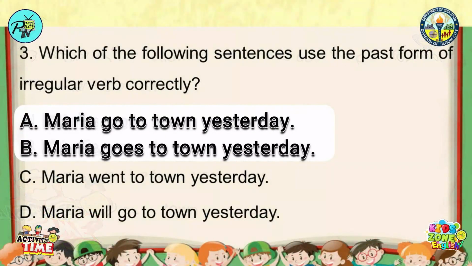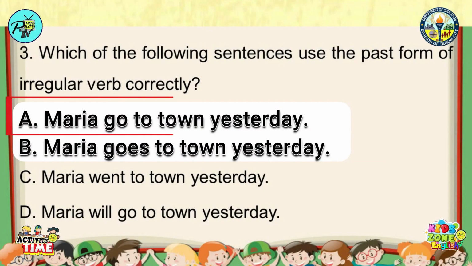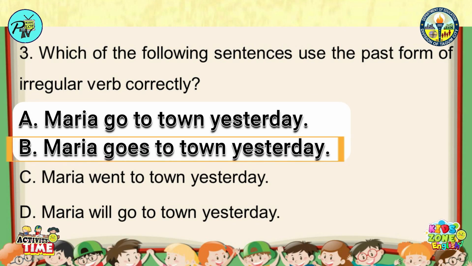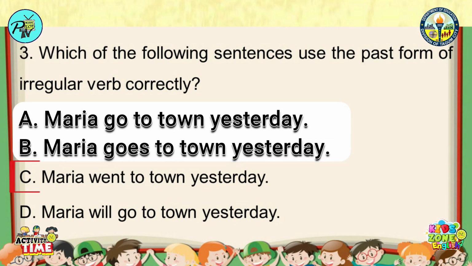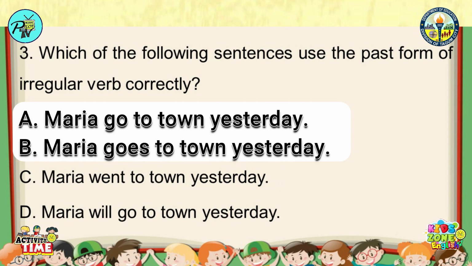Number 3. Which of the following sentences use the past form of irregular verb correctly? A. Maria go to town yesterday. B. Maria goes to town yesterday. C. Maria went to town yesterday.